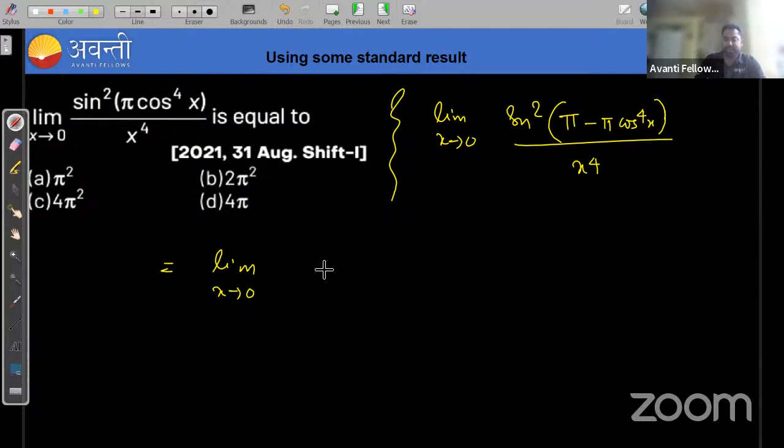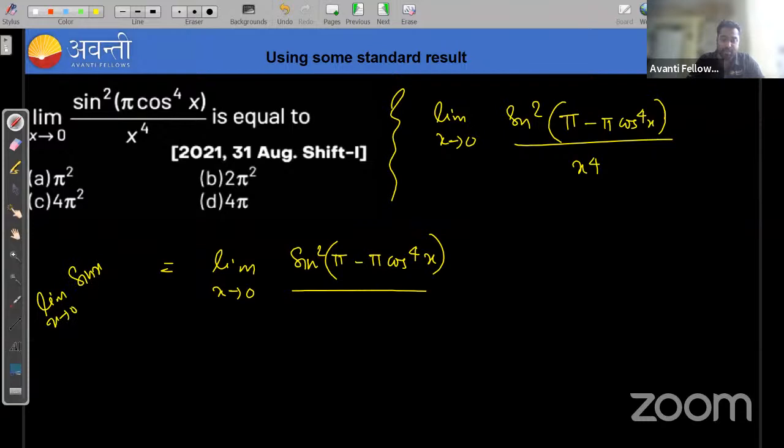So limit x tending to 0 sine square of pi minus pi cos to the power 4x upon x square. To use the standard results like this, limit x tending to 0 sine x upon x is equal to 1, we know this.